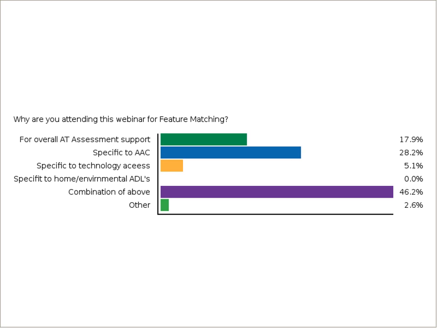Some people are a combination, and it seems like the AAC and combination responses are the ones that have brought people here. So I'm going to count down the poll from 5, 4, 3, 2, 1, just so we see what it is that people are here for, and we welcome you.